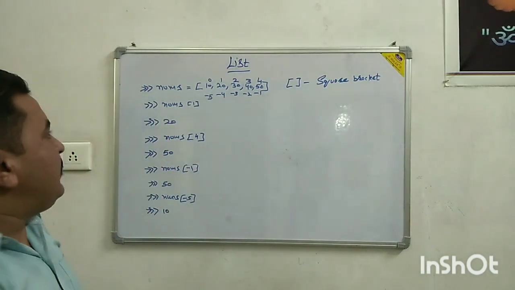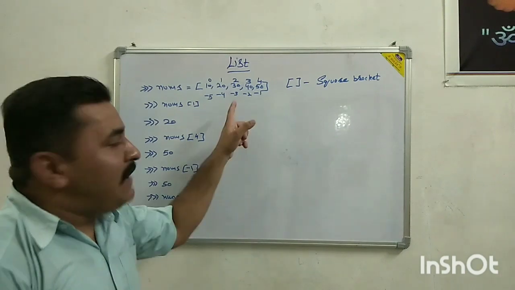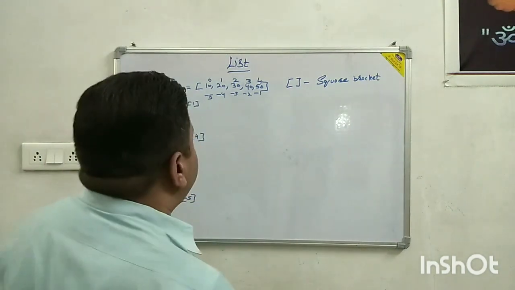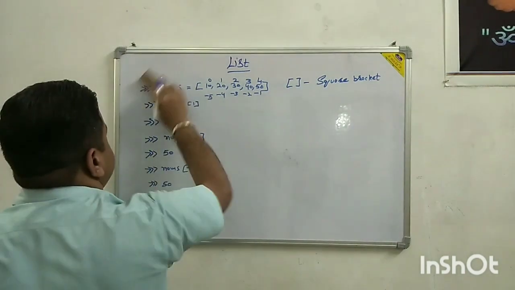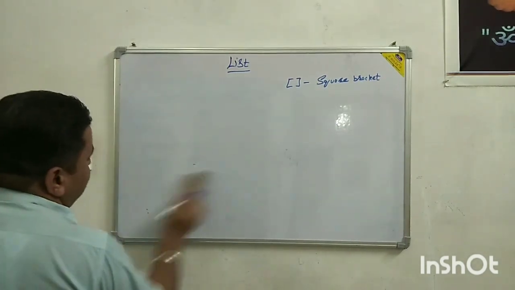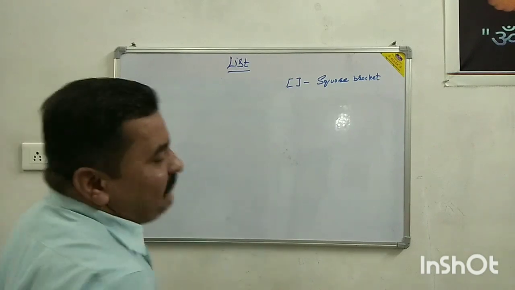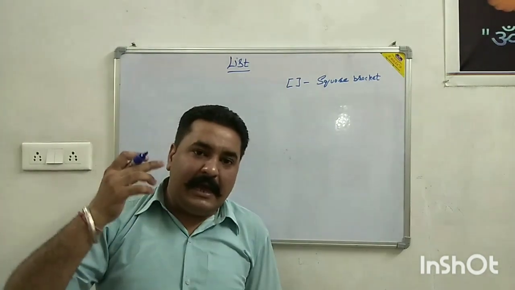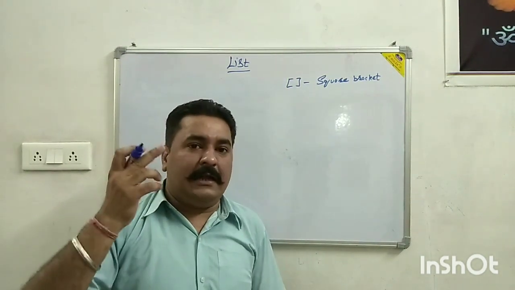So in this we are using numeric elements in a list. Now we come to the string. A string may be a collection of alphabets, a collection of names.